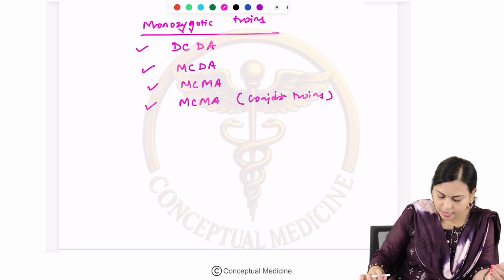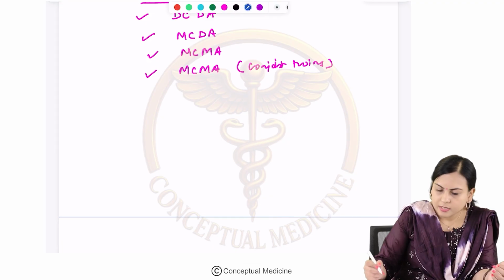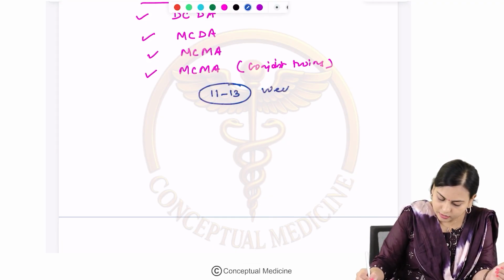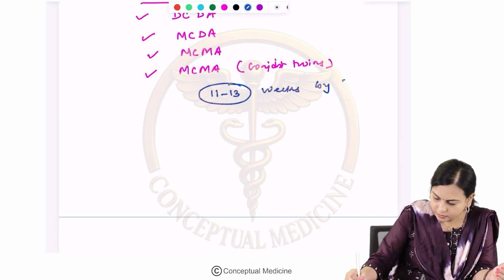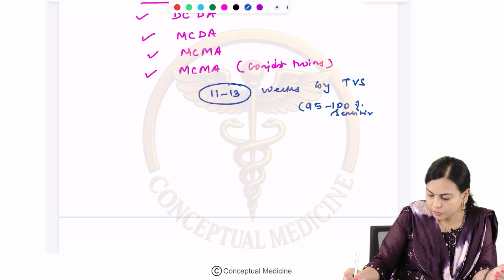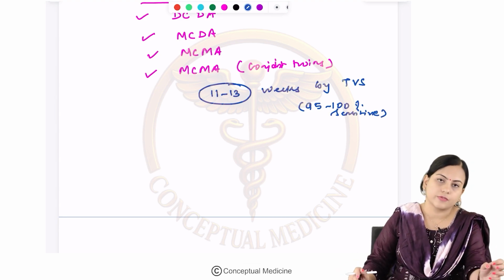This is usually determined between 11 to 13 weeks by transvaginal ultrasonogram, which is 95 to 100% sensitive for detection of chorionicity and the type of twins.